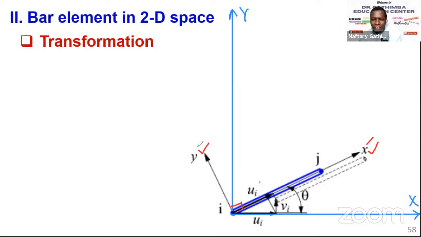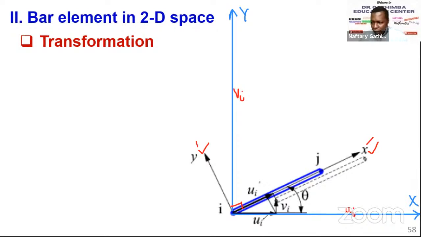What does it take, or what do we need to do to transform the axis? Because once we transform the axis, we can transform the nodal displacement from the local coordinate system, the u prime i, to ui. And we know that this axis here represents the vi at the global coordinate system, and this represents the ui at the global coordinate system.